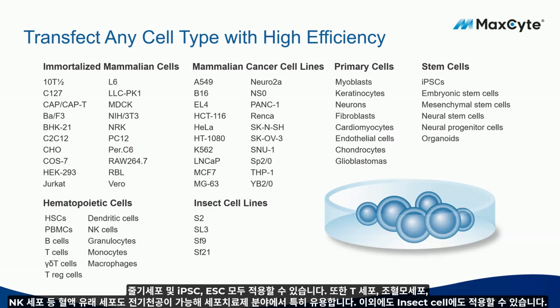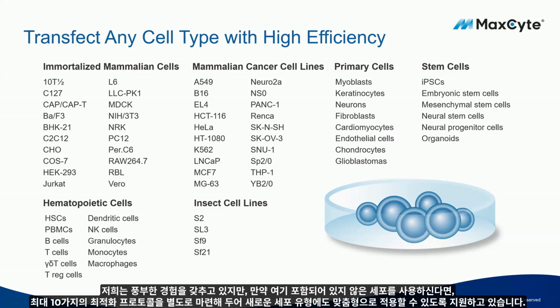We can also do insect cell lines. We have a lot of experience, but if you have something that we don't have a protocol for, we have 10 optimization protocols specifically so that we can tailor what you need for your unknown cell type in order to electroporate it.